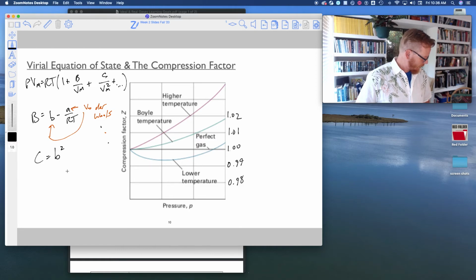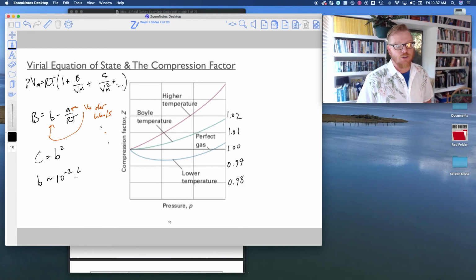Okay, and so let's see here. What else can I say about this? You kind of saw typical values for A and B from that previous slide, if you recall. So B is always about 10 to the minus 2 liter per mole, and A is in the vicinity between 1 and 10 atm liter squared per mole squared.